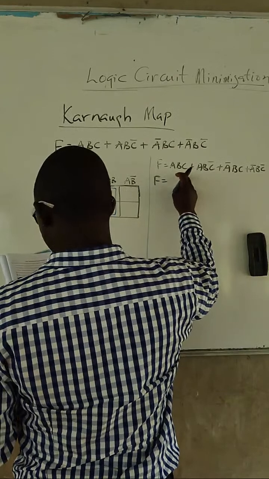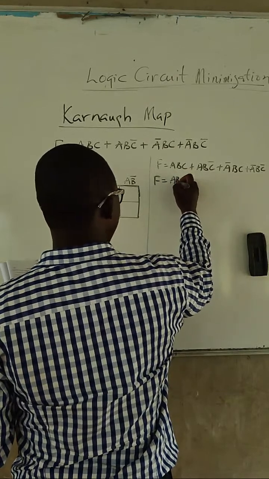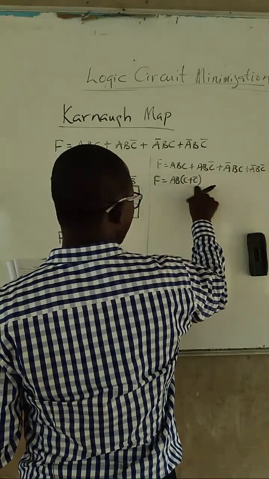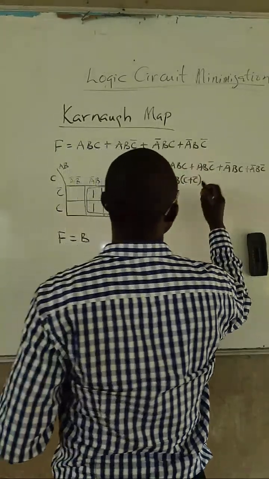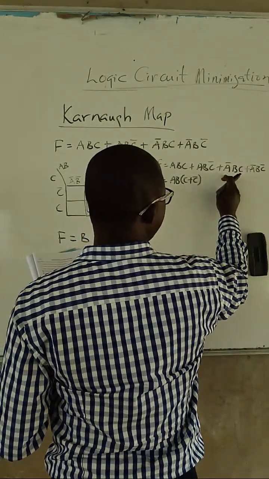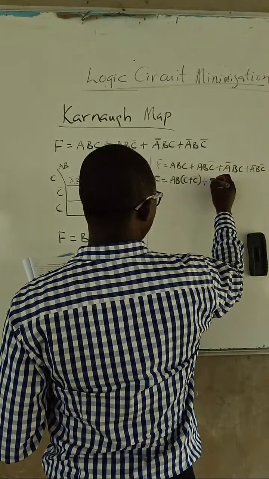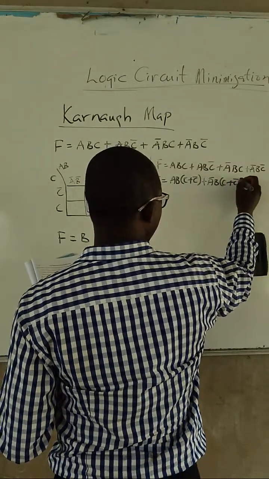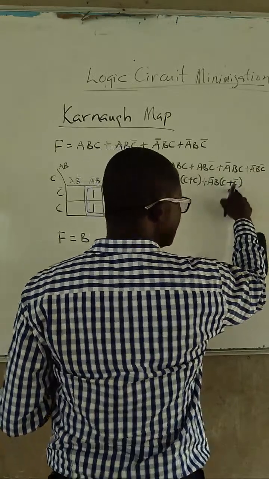We can factorize AB out from the first two terms, AB into C plus C bar. C plus C bar will now be 1. Then from here also, we can factorize A bar B out, A bar B into C plus C bar. Again, we have C plus C bar here. C plus C bar will be 1.